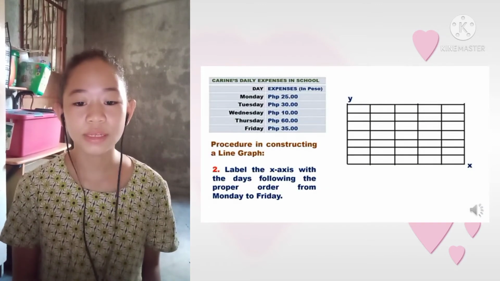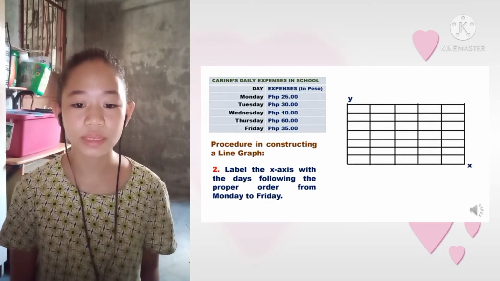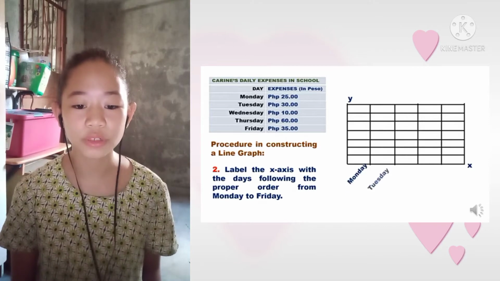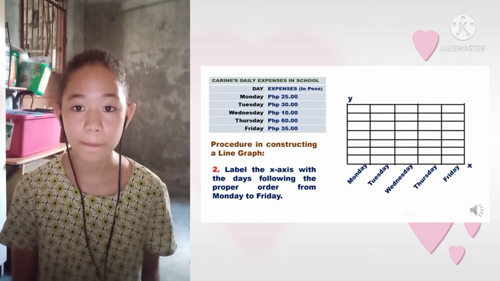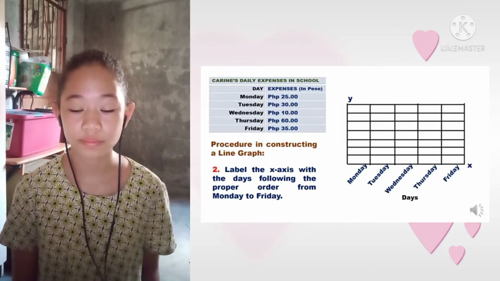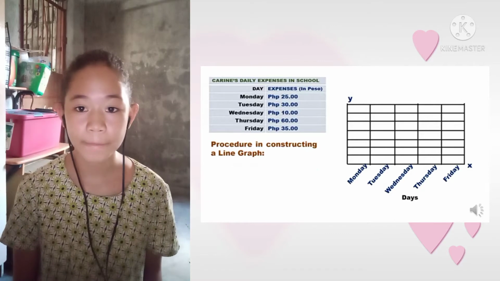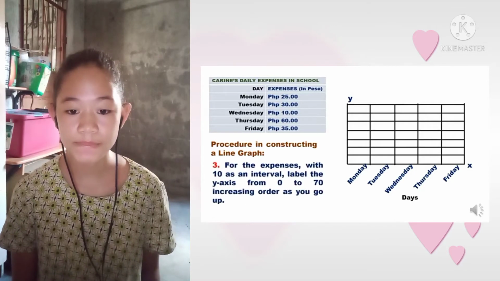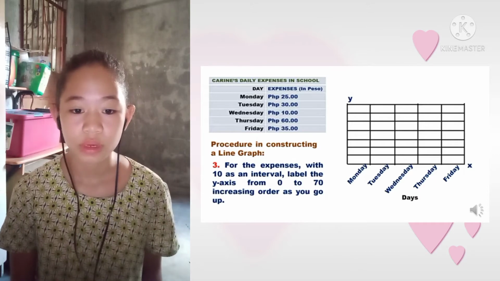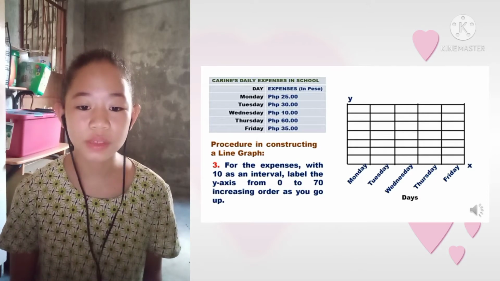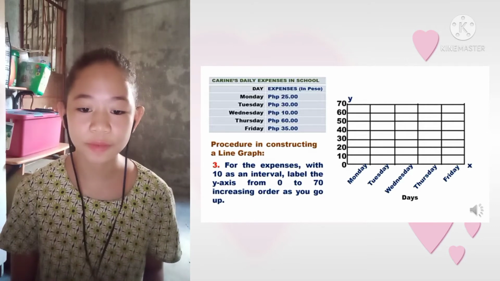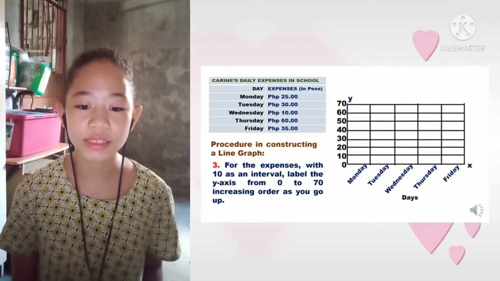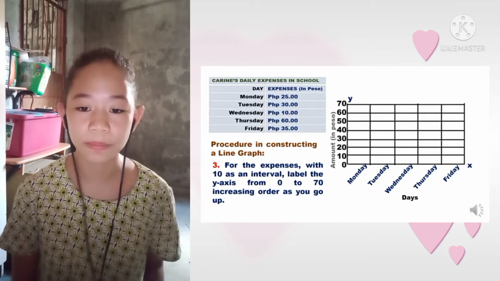Second, label the x-axis with the days following the proper order from Monday to Friday. Third, for the expenses with 10 as interval, label the y-axis from 0 to 70 in increasing order as you go up.